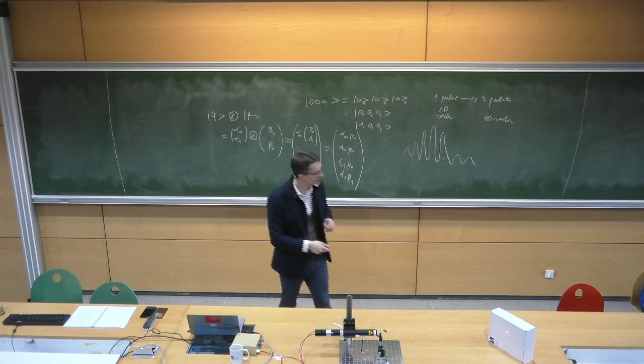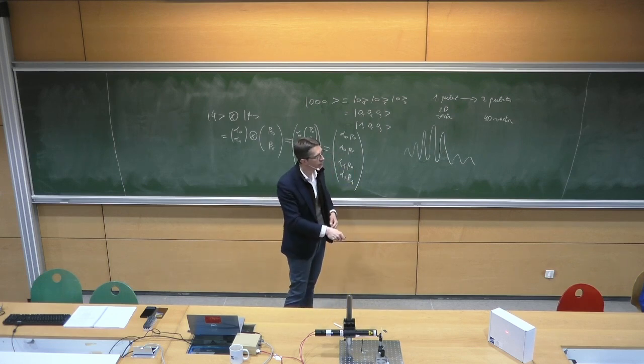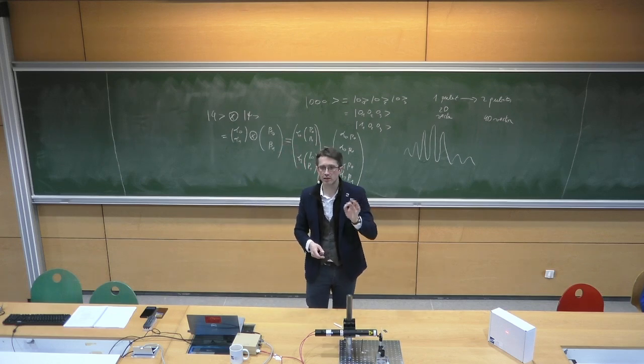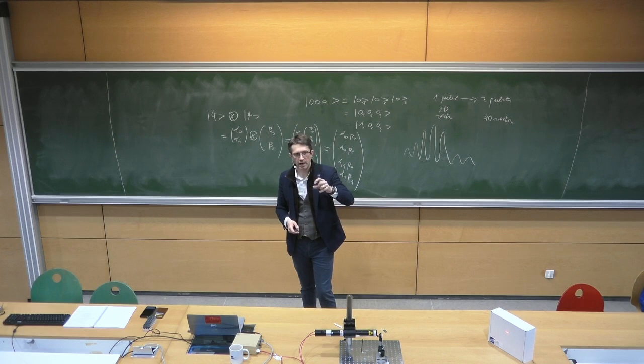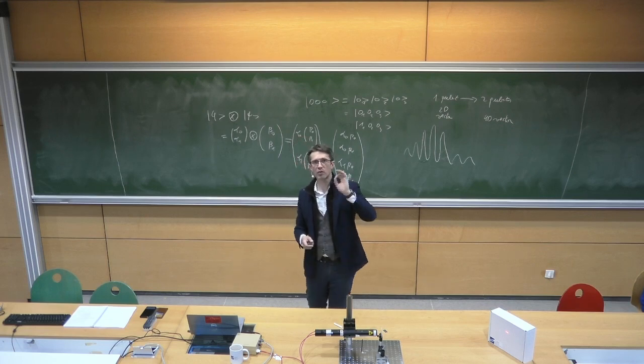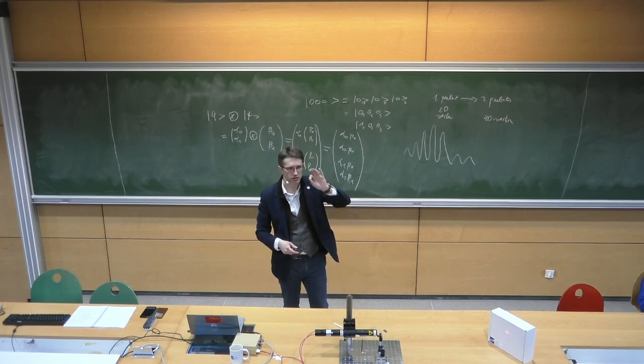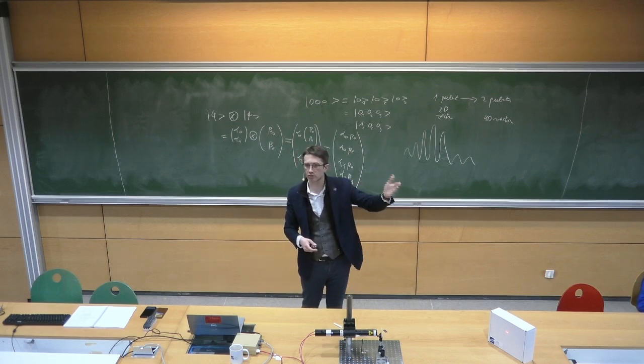So that means that on my screen, I will show you a movie from an experiment where we see one photon at a time coming from the two slits. And of course, if you have one photon coming from the two slits, all you're going to see on your screen is just a spot where you detected the photon.